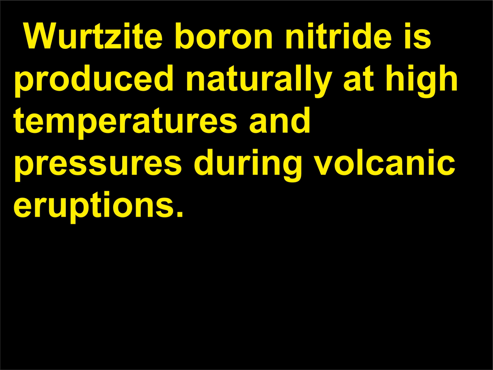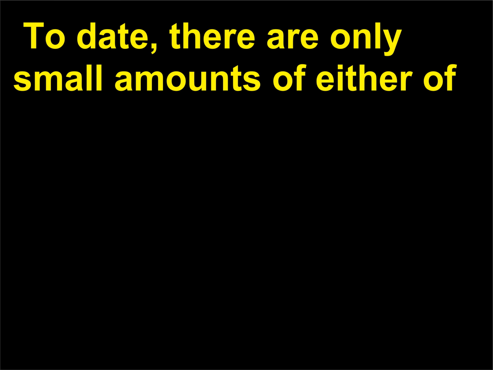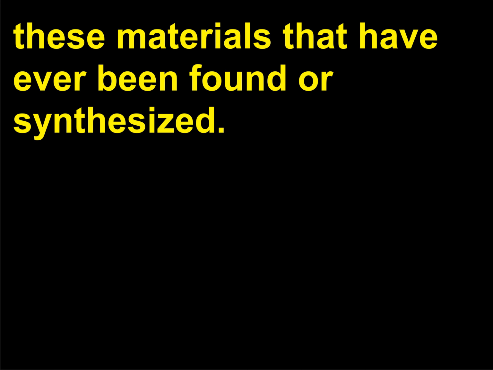Wurtzite boron nitride is produced naturally at high temperatures and pressures during volcanic eruptions. To date, there are only small amounts of either of these materials that have ever been found or synthesized.